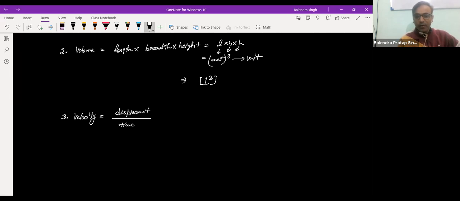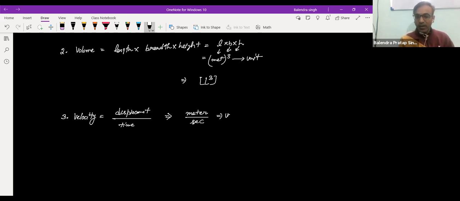We define displacement by meter, because we are talking only about units. So displacement has unit meter and time is second. So its unit is meter per second.